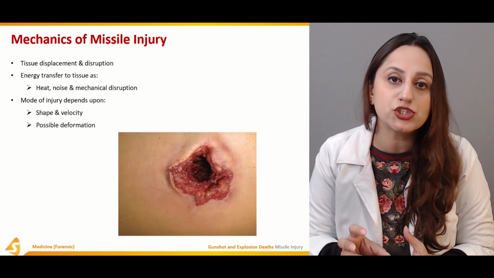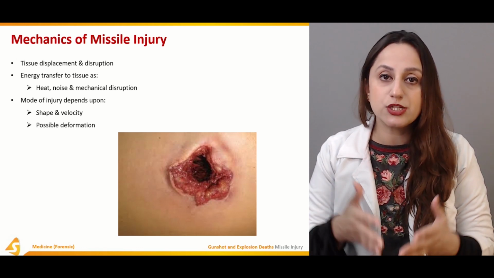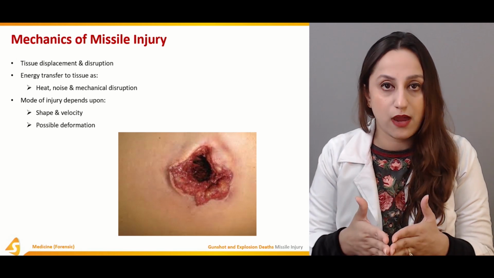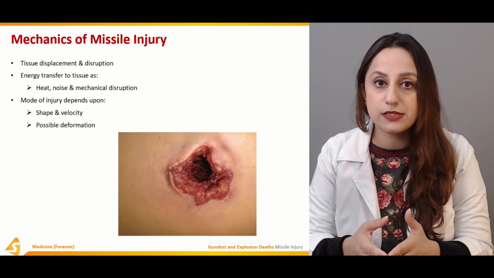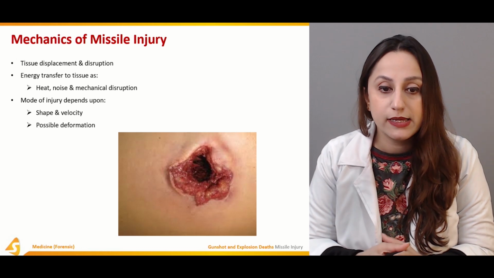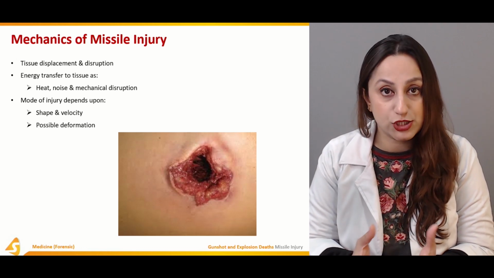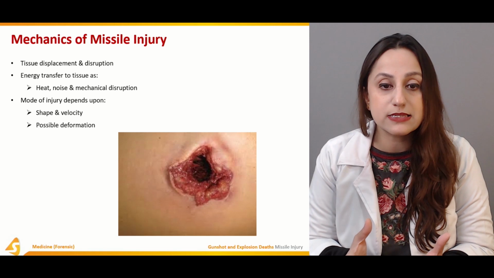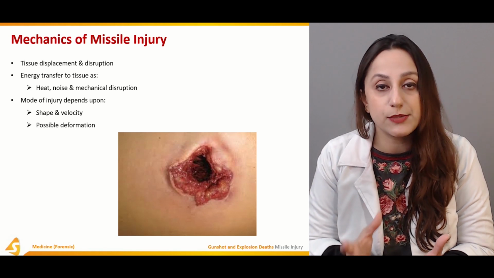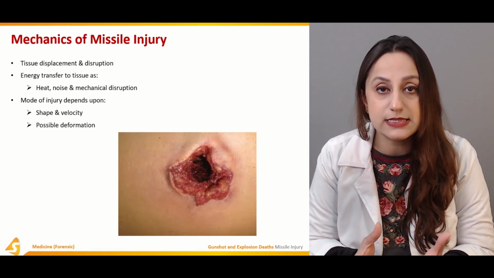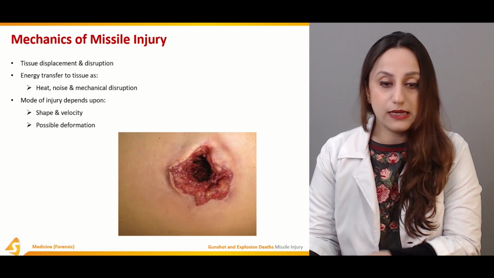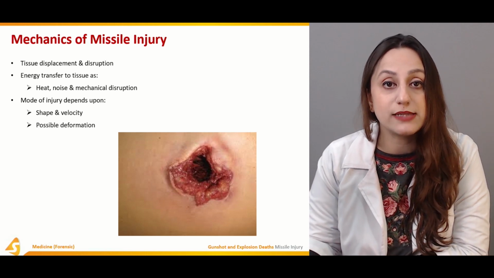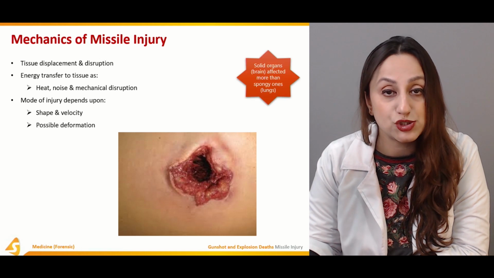If it's of a conical shape, you'll observe that it pierces into the air and moves faster than a less conical one. And then there is possible deformation. All of these factors come into play when the missile injury takes place, and we focus on them whenever we write an autopsy report regarding a missile injury.